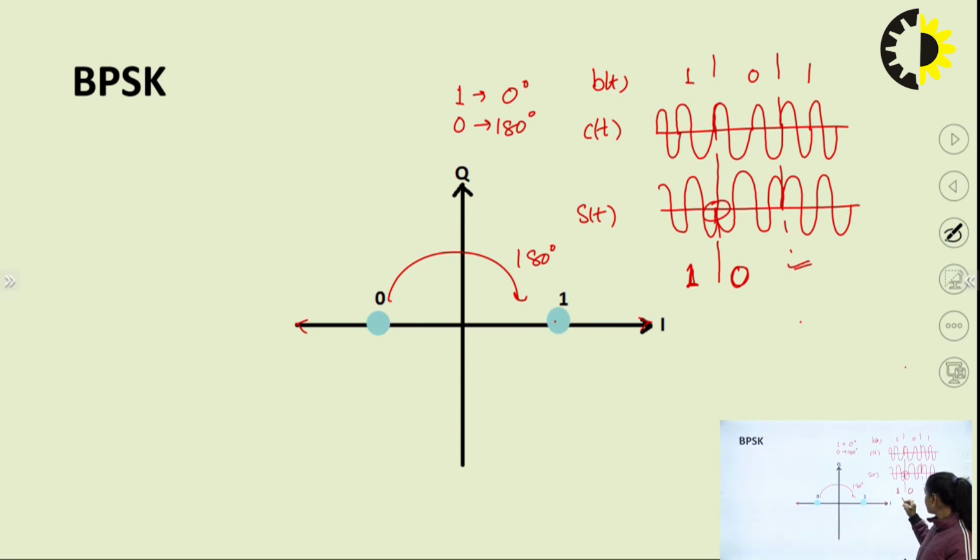So my receiver will retrieve the bits by reading the phase variations of the modulated waveform. This is how I can draw the waveform for BPSK.